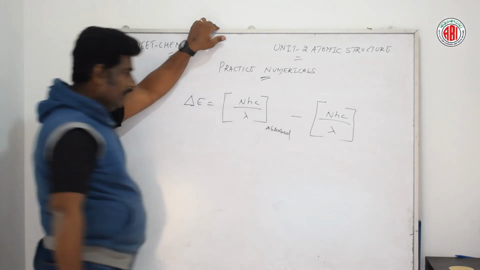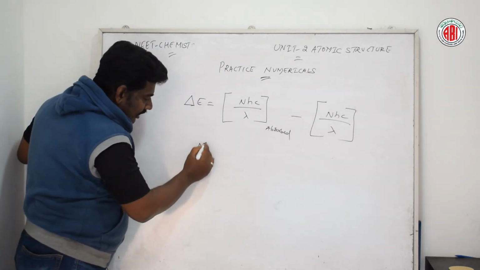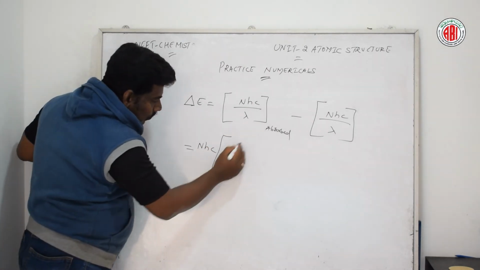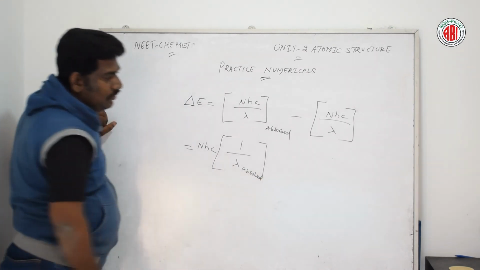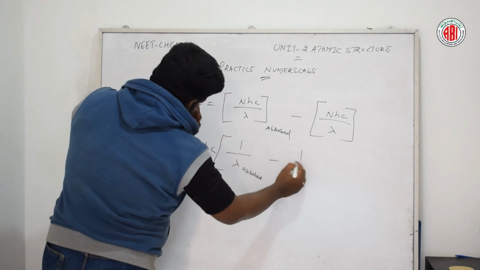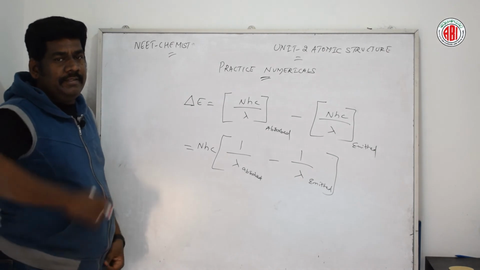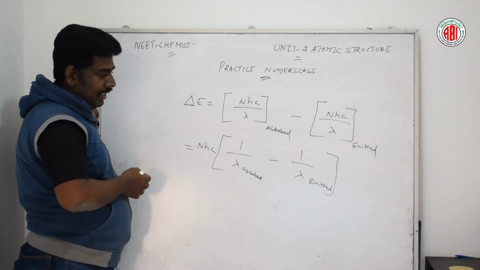Now take N h c common, so that it is equal to 1 by lambda absorbed minus 1 by lambda emitted. Applying all the values here, we could get the answer.